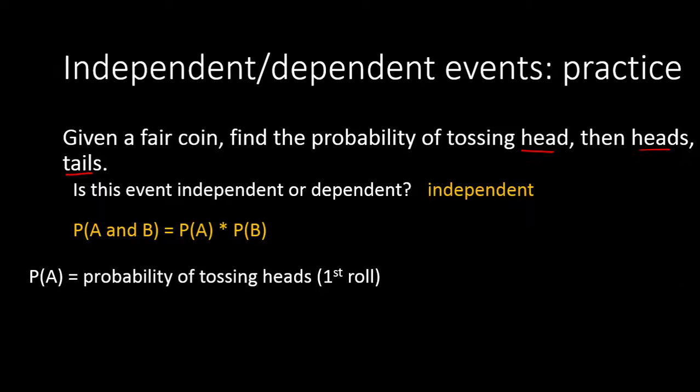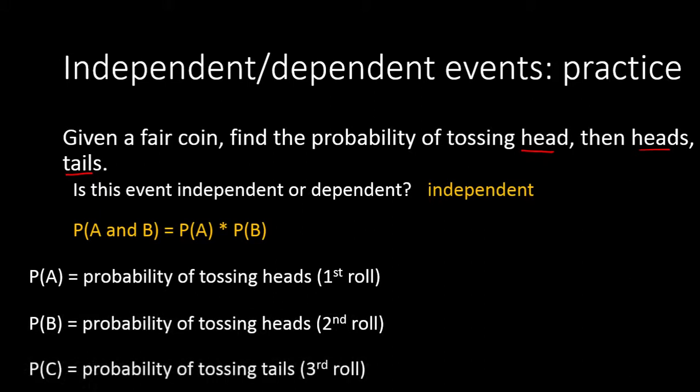So I'll call event A, the probability of A, just how likely is it that I'll toss heads on my first try? Well, it's a 50-50 chance, right? I can do heads or tails. Assuming it's a fair coin, it's a 50-50 chance. Let's write that in. So a 1 in 2 chance. It would be the same probability the second time around, right?